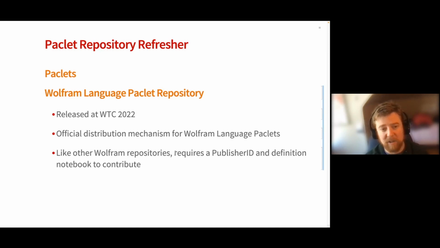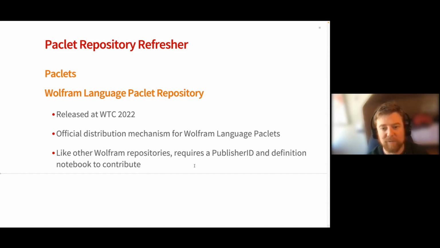So starting last year, we have a Paclet distribution system that's open. And it's the first time we've had that, which is great because it's something that people expect for modern software systems.